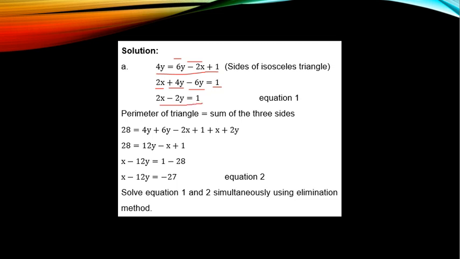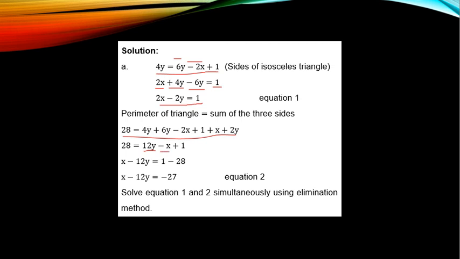Like I said earlier, the perimeter of a triangle is equal to the sum of the three sides. So you have 28 as the perimeter equal to the sum of the three sides of the triangle. If you add all the letter y together, you have 12y. If you add s, you have minus s plus the constant term.